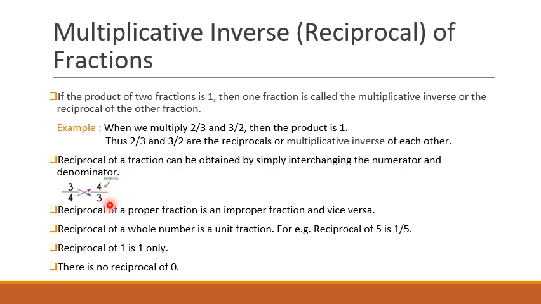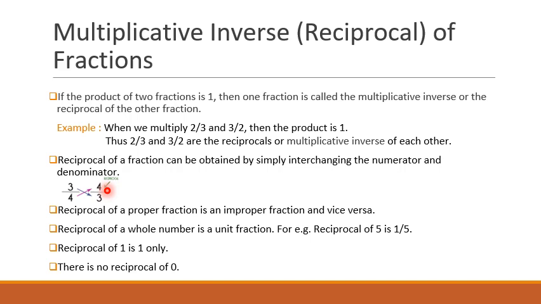So this is the reciprocal of 3 by 4. So in this way, if we simply interchange the numerator and denominator, we will get the reciprocal of the given fraction. So to find the reciprocal of a fraction, we simply have to interchange the numerators and denominator.